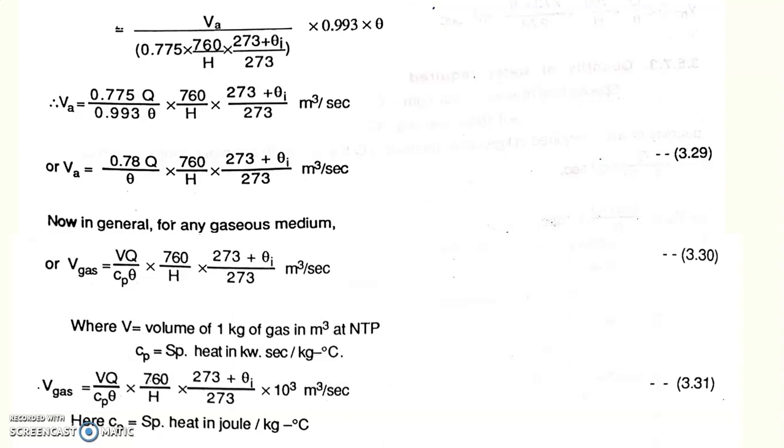Now in general, for any gaseous medium, V gas is equal to, you can see the other parts of the right hand side of V gas are as it is, just substituted, instead of 0.775 it is capital V, divided by Cp, that is the ratio of volume for 1 kg and specific heat. As per this, you can also calculate for other gases.